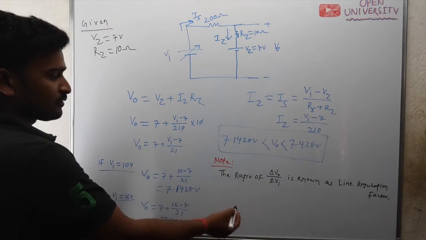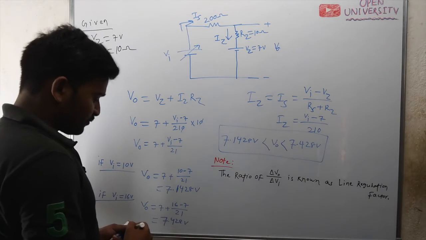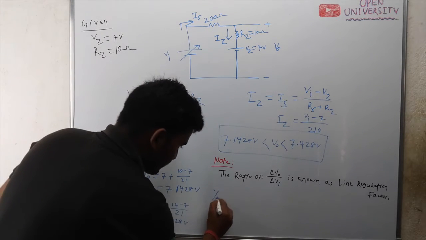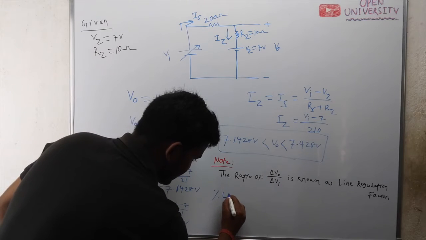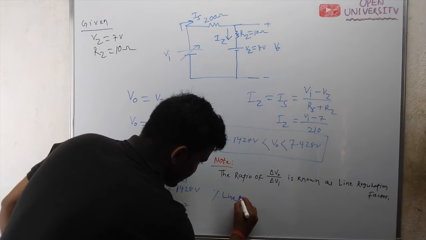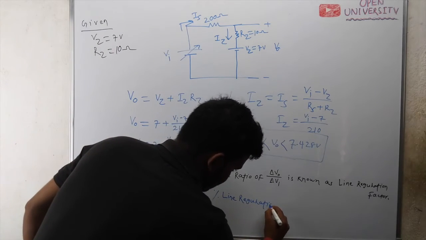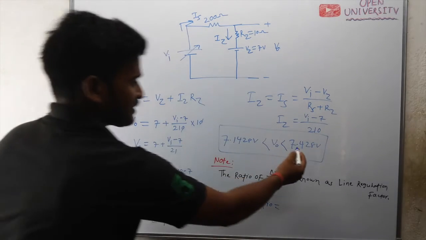If you want to find the line regulation factor, or the percentage line regulation, what is the change in output voltage?